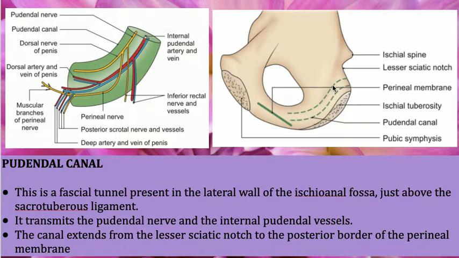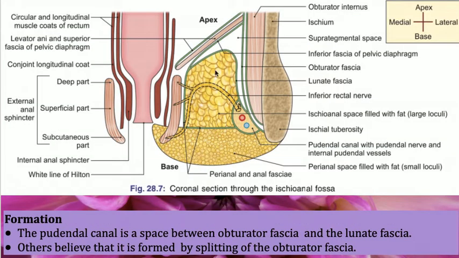This canal extends from the lesser sciatic notch over here to the posterior border of the perineal membrane over here, right? So this is the pudendal canal, basically the space between the obturator fascia and the lunate fascia.